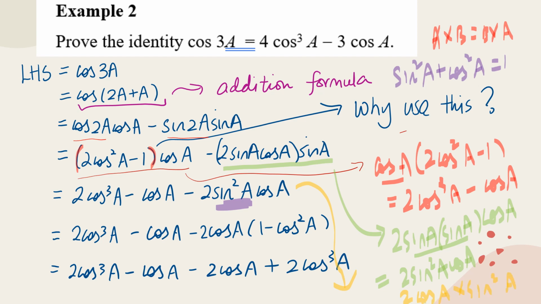Okay? Alright, and then substitute sine squared a to be 1 minus cos squared a, and then you expand the bracket here, to get negative 2 cos a and then plus 2 cos cube a, and simplify again. You have 4 cos cube a minus 3 cos a, which is what is required of you to show on the right hand side.